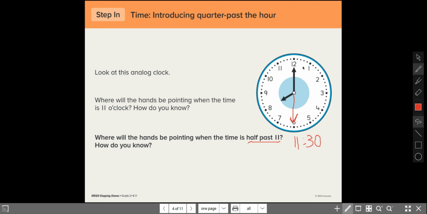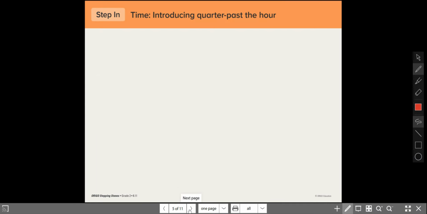So when it's 11:30, my hour hand is going to be halfway between 11 and 12, because the hour hand has traveled halfway from 11 to 12 and the minute hand has traveled halfway around the clock. Okay, so that's half past, and that's what it means when we measure time to 30 minutes. Now we're going to take a look at what quarter past the hour means.